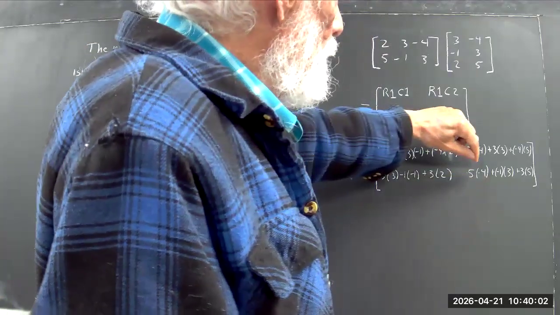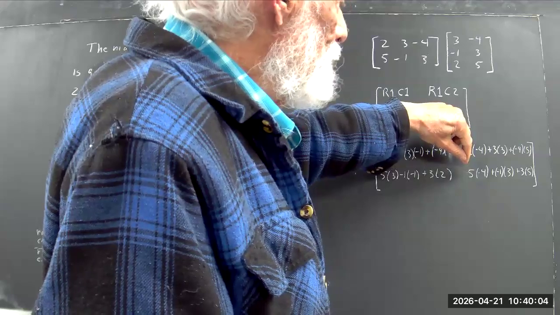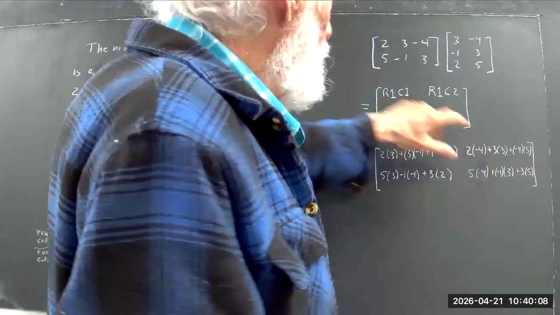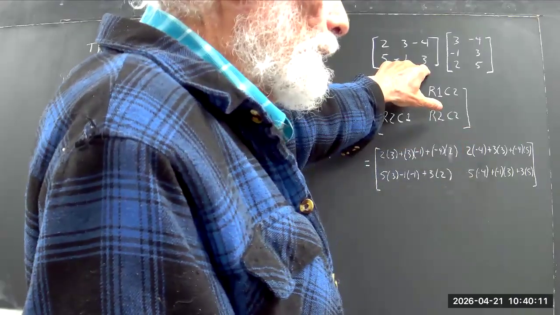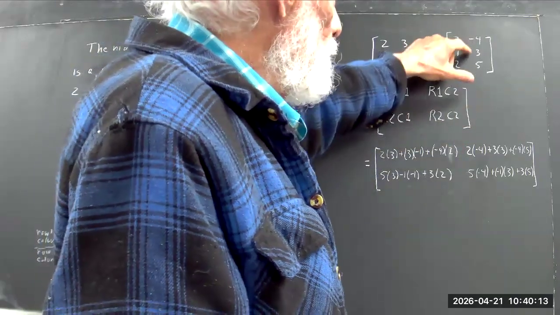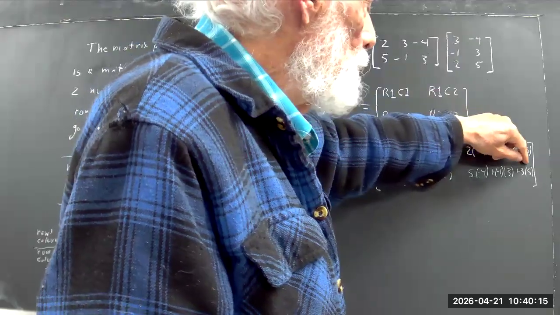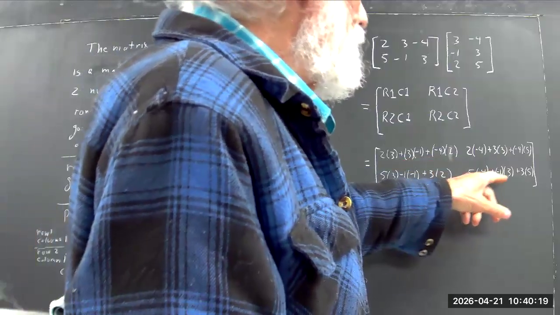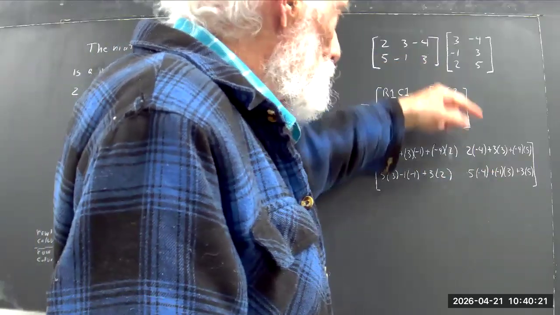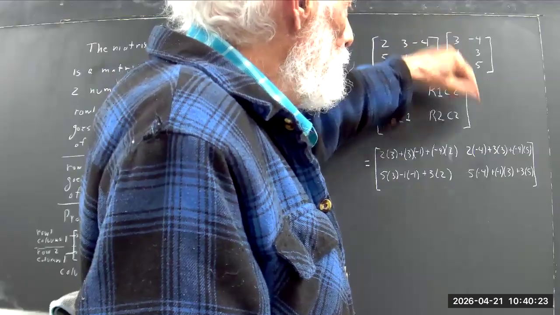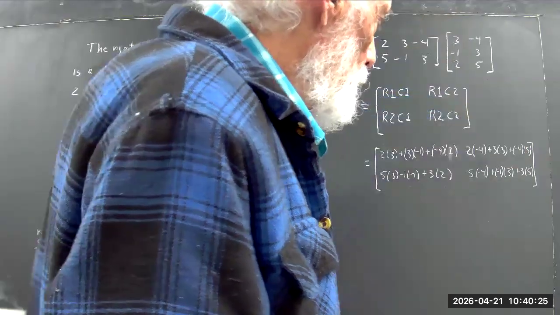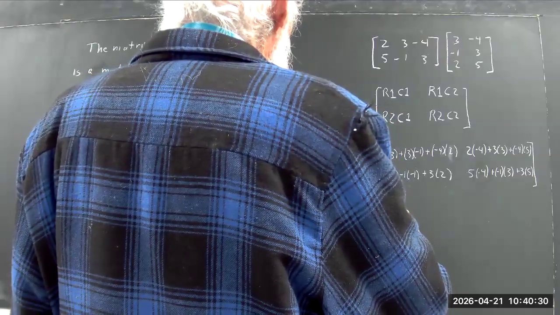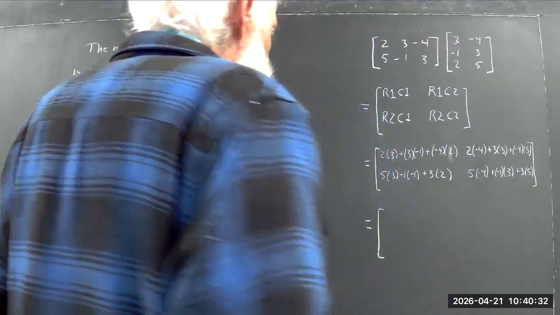But I can see the 5, -1, 3, which matches the second row. The -4, 3, 5 in my product matches the second column. Got to be careful when you do these.